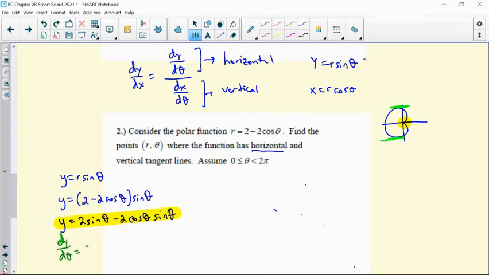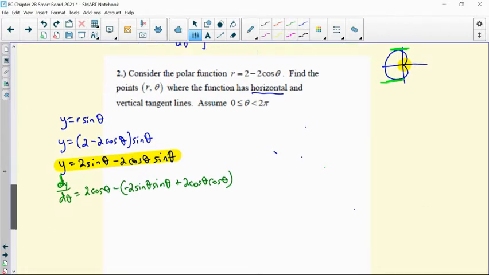So the derivative of 2 sine would be 2 cosine of theta. And then minus, and then we've got a product rule. So the derivative of 2 cosine would be negative 2 sine. Leave that sine alone. Plus, leave 2 cosine alone, and then the derivative of sine, which is cosine. Okay.